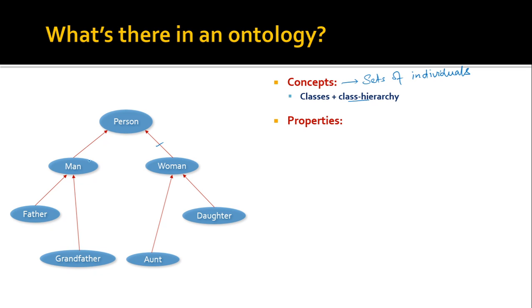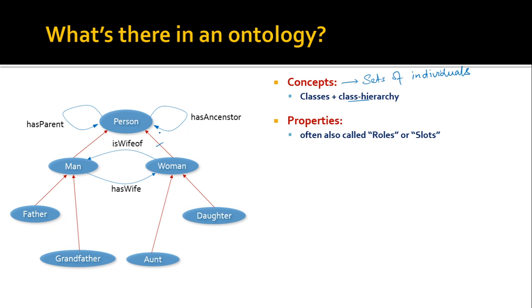So you see that married to is a slot that is filled by a particular woman. That is why they are also called slots, and also called roles, right? Examples we can have for properties are: a person has a parent, a person has an ancestor, a woman is a wife of a man, and a man has a wife, say a woman, right?